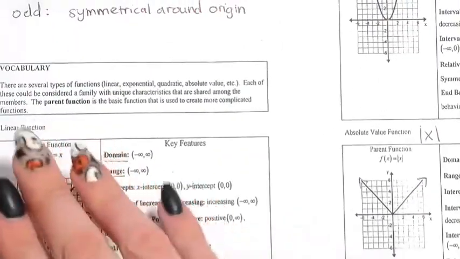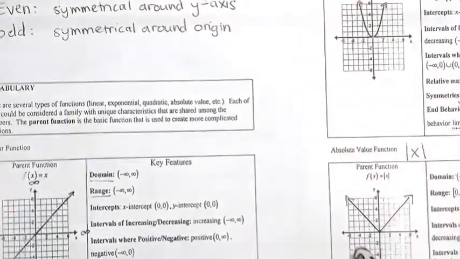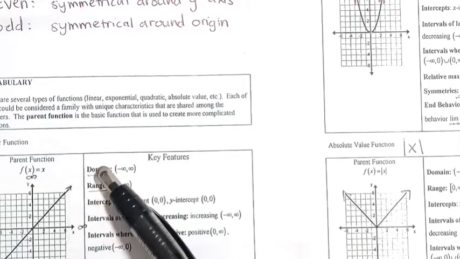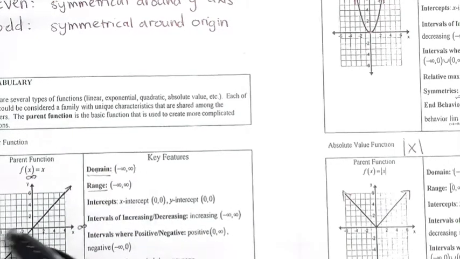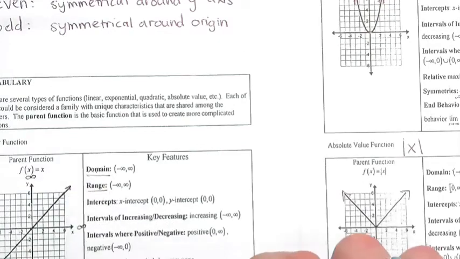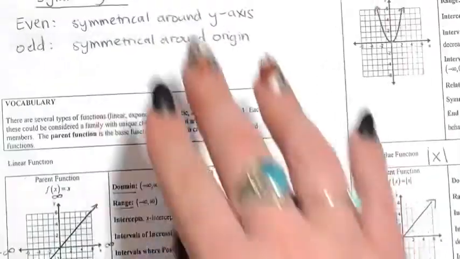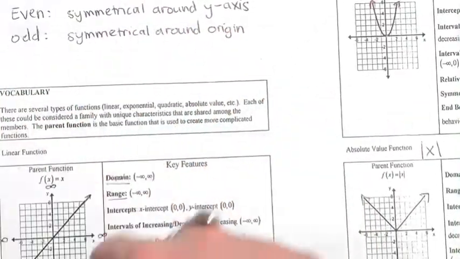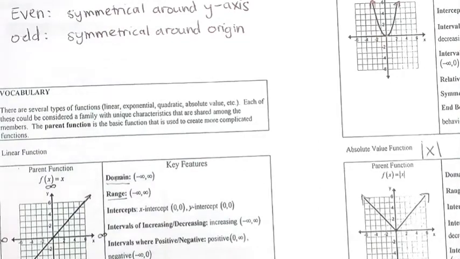So you remember this is linear, we have a quadratic, we have an absolute value. Some of the questions will have to do with domain and range. So remember, domain has to do with your x values going side to side. Range has to do with your y's going up and down. And then there will be some that have to do with symmetry. So they will ask you, can you flip it across the y-axis? Can you rotate it around the origin? Maybe there is no symmetry.